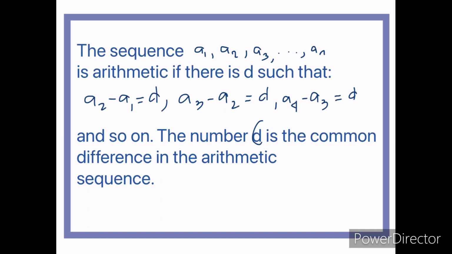The number d is the common difference in an arithmetic sequence.